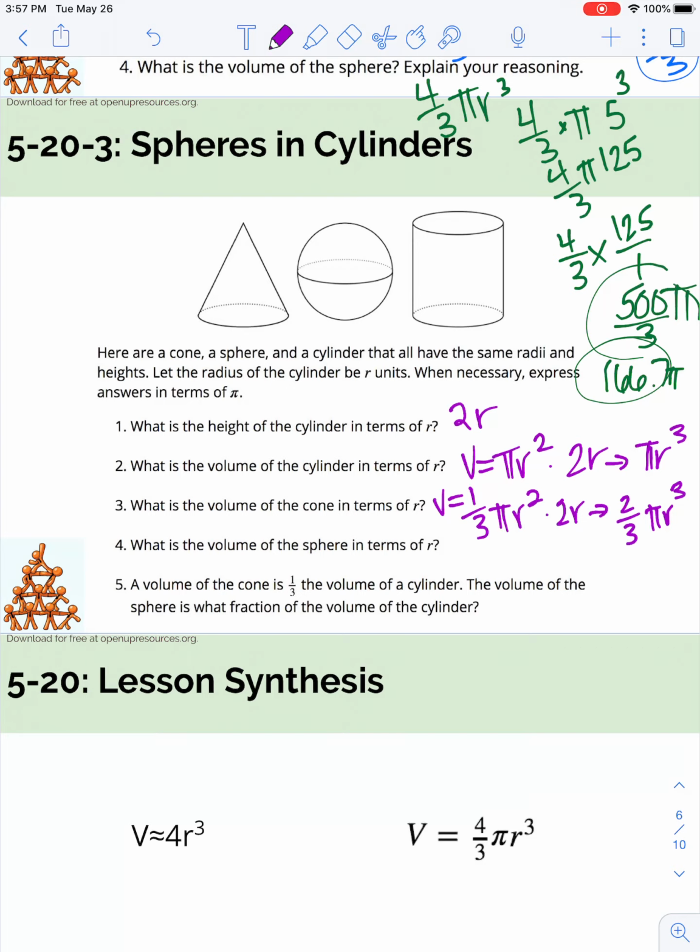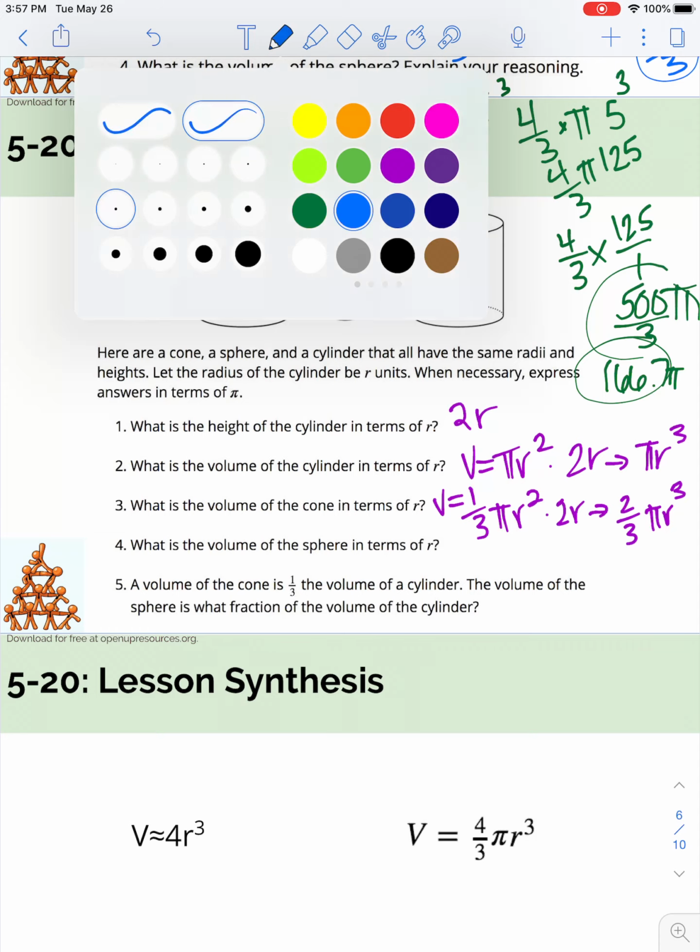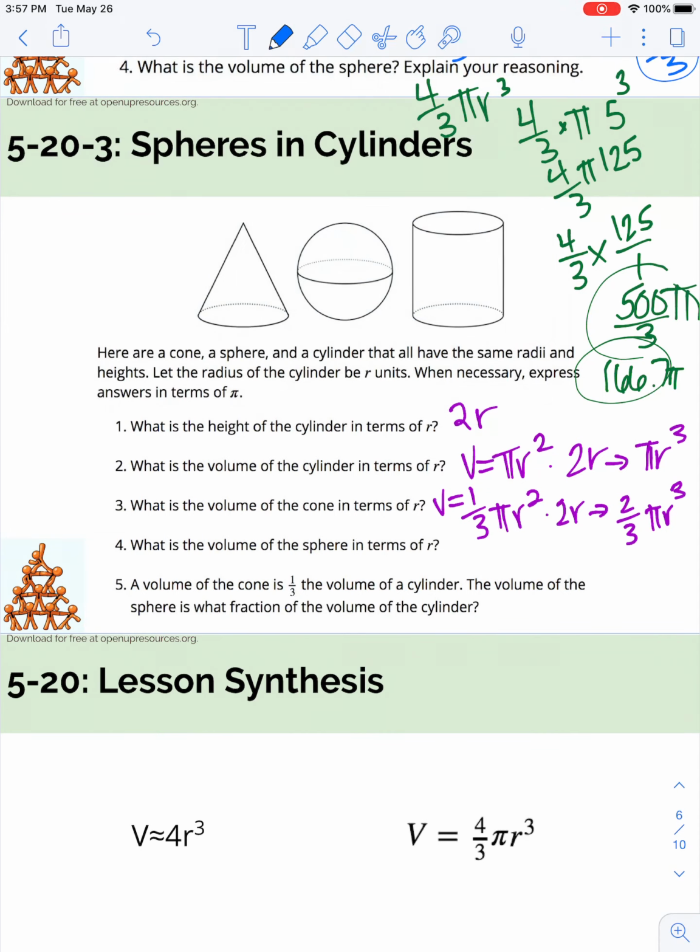Okay, so what is the volume of the sphere in terms of r? We know the formula is 4/3 pi r cubed, and this is going to be really confusing to some of you, and it'll make sense to others.